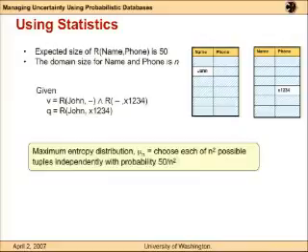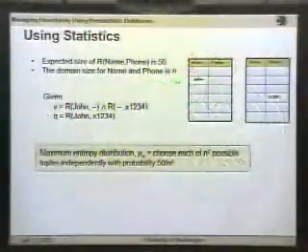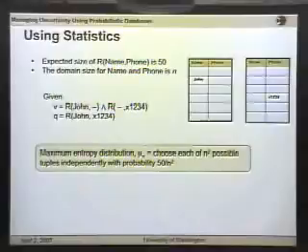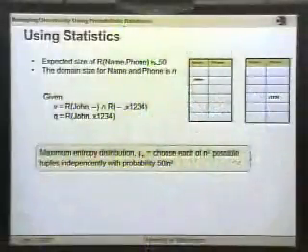It's a very simple distribution. The domain size for names and phone numbers is n, so there are n squared possible tuples in the universe. You pick each one of them independently with probability 50 over n squared. Then you can easily see that the expected size of such a distribution is 50. And this is the one that maximizes the entropy.